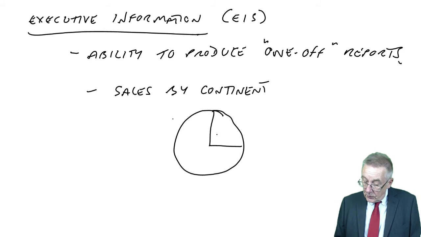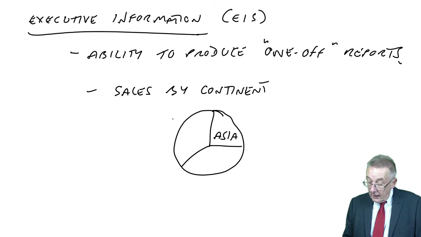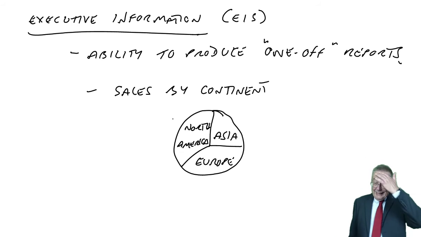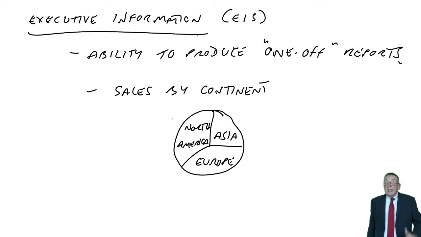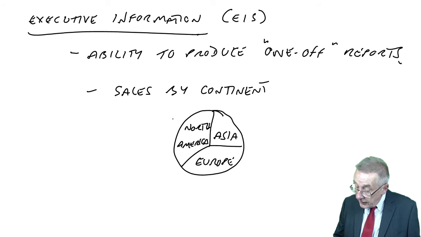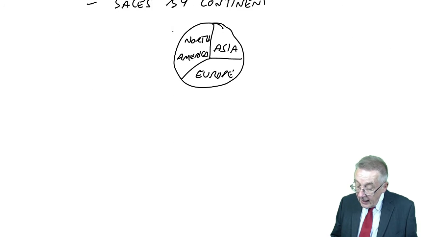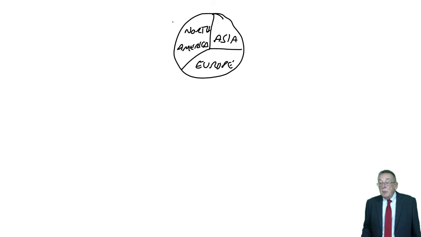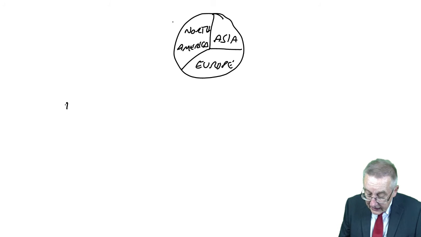And it has, Asia is perhaps about a quarter of our sales, Europe, North America. We don't sell anywhere else. Well, that's fine, but of course I want to know how much we're selling currently to China. And China is in Asia. And so, and you may have seen this, but we can what we call drill down.